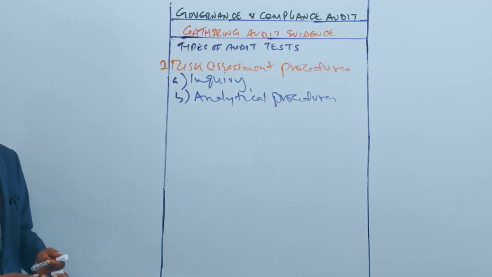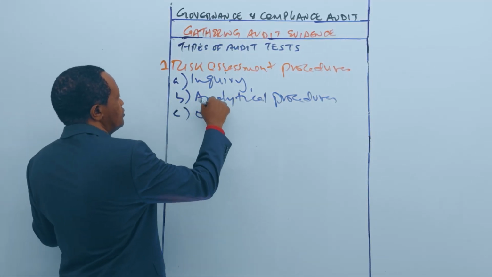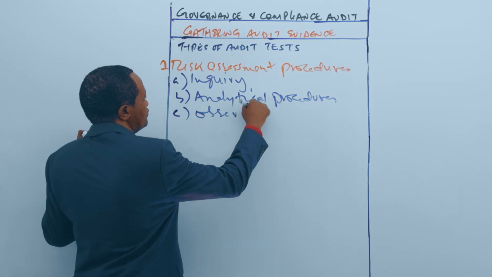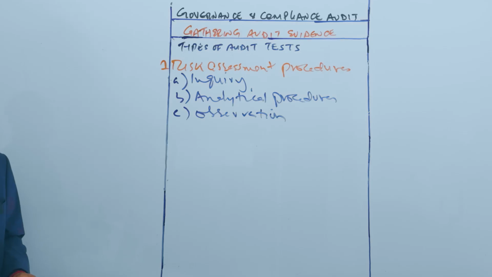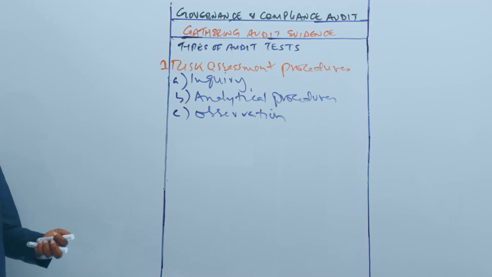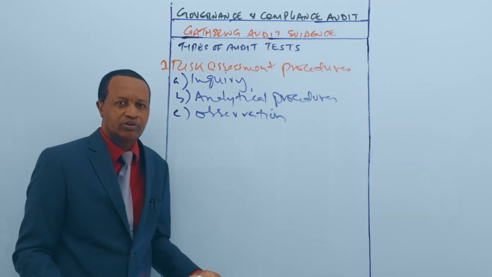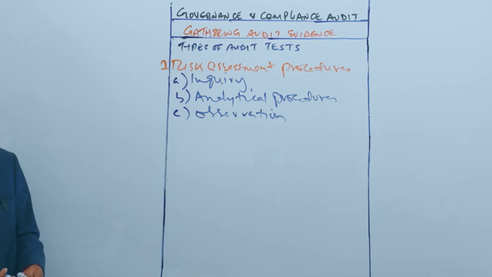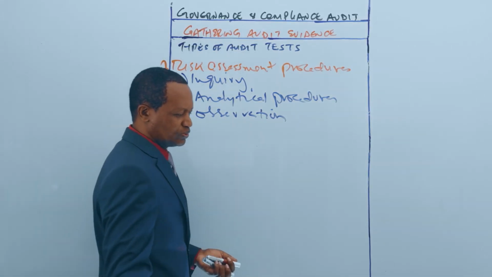Understand? Yes. You can also observe. You can do observation in risk assessment. You can observe simply by walking through a facility to see if there are any obvious signs of non-compliance or poor governance, like unlocked server rooms.